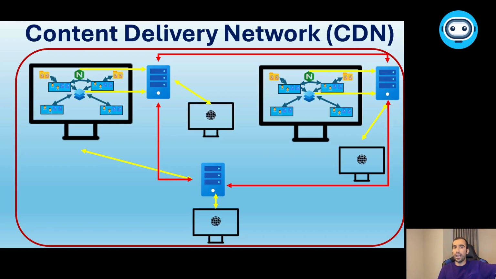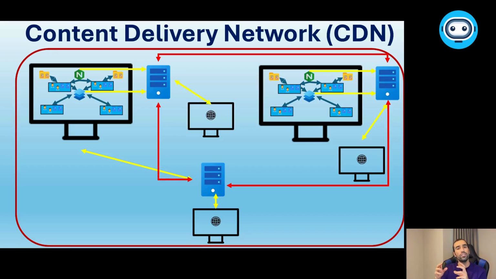I have them all across North America. A user from Japan wants to visit my website. What happens? Because the distance between Japan and, for example, the US is too far, it takes more time for the content to be delivered from my web server to a user in Japan. So in that case, I can use CDNs.